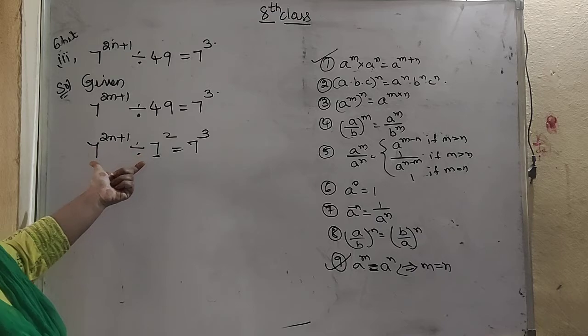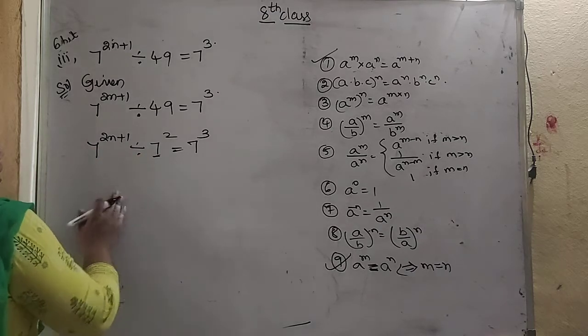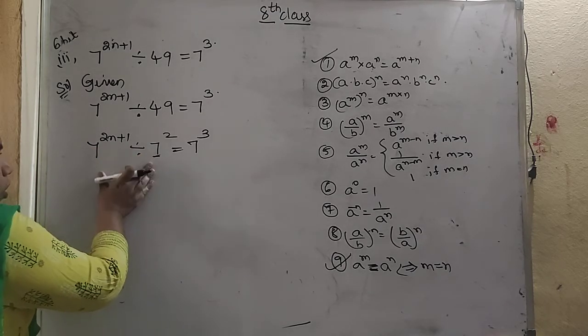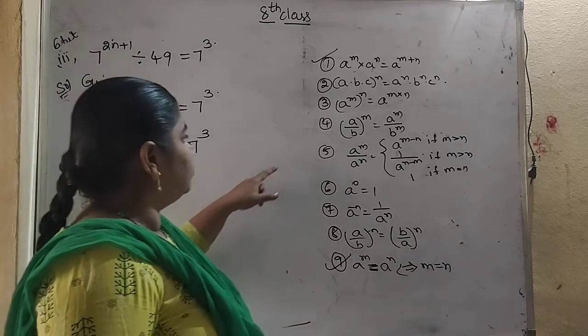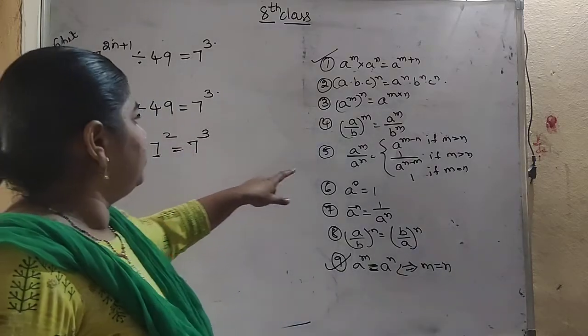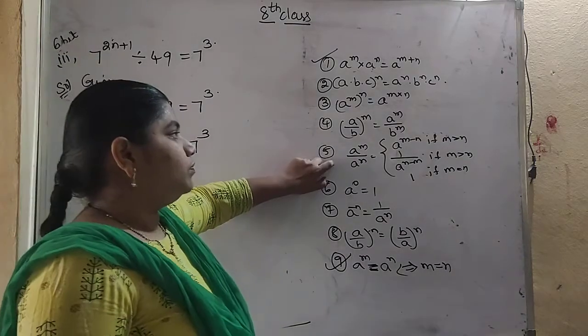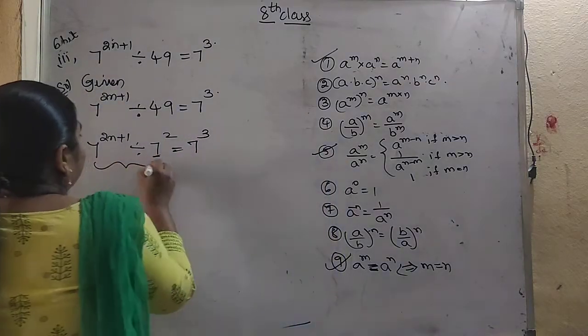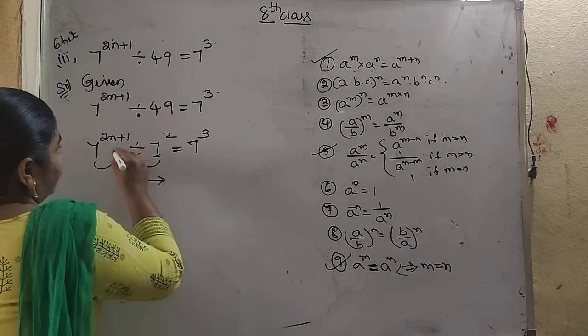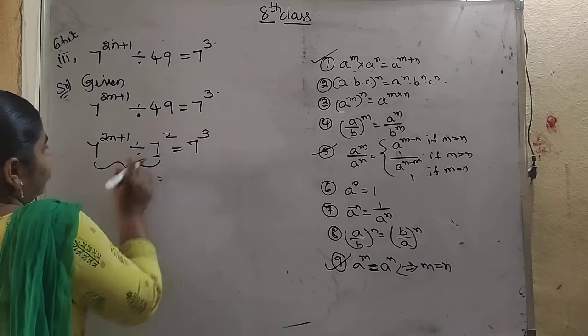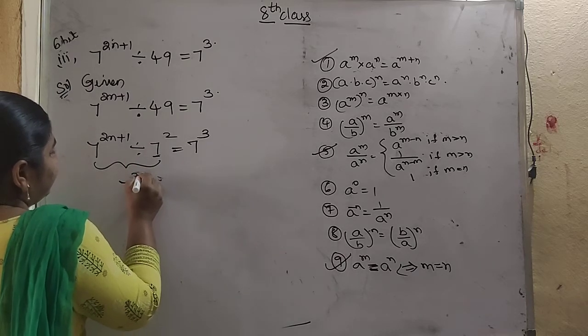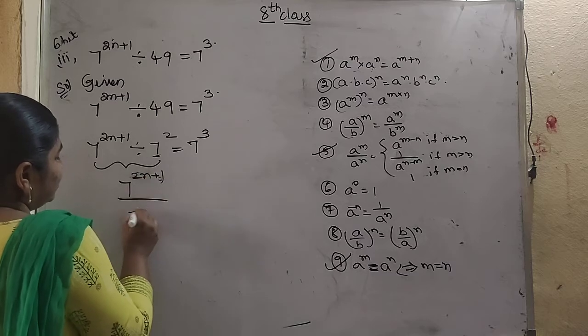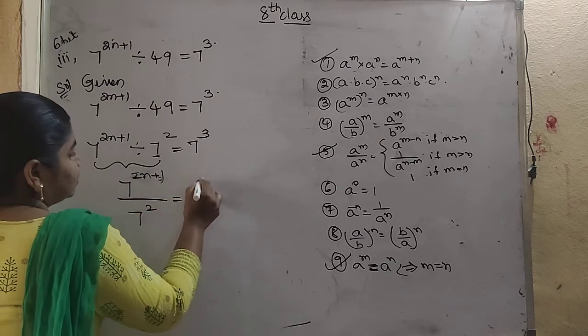We can use this formula. What is that formula? This one. We can use this condition, that is, both bases are equal. So we can write this as 7 power 2n plus 1 by 7 square is equal to 7 cube.